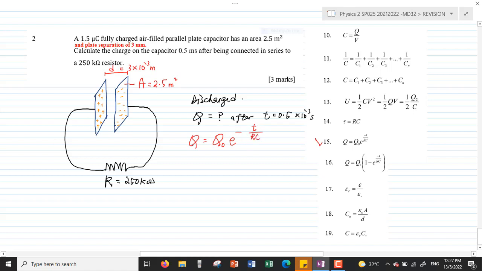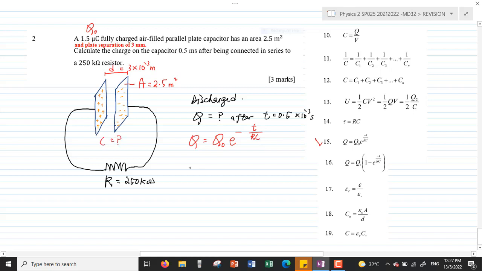So I'm going to find the final charge when the time is 0.5 millisecond. The Q naught, the initial charge in the capacitor, is 1.5 microcoulomb, and then the R is 250 kilo ohm. But then the capacitance of the capacitor is unknown.